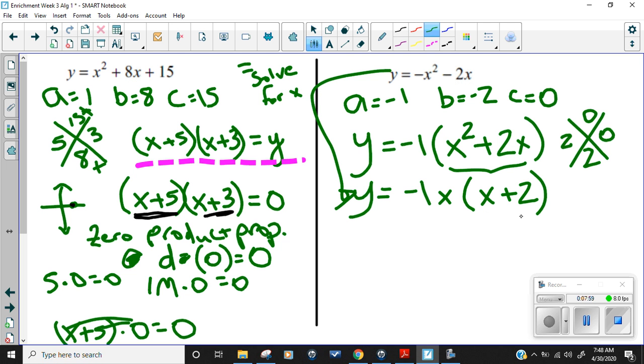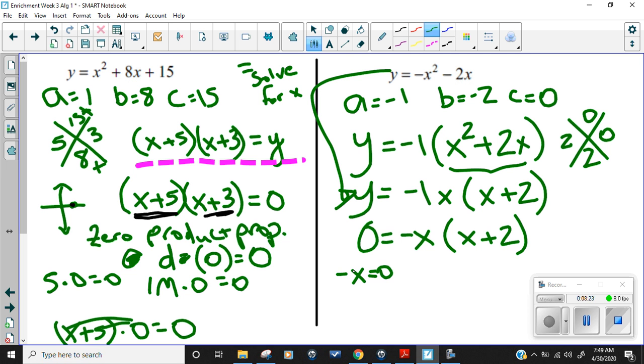Okay, so right here, now my zero product property, I set this equal to 0. And I'm going to take off the 1 because negative x is the same as negative 1x. These two factors. Now with these two factors, this can be 0 or this factor can be 0. So negative x equals 0.